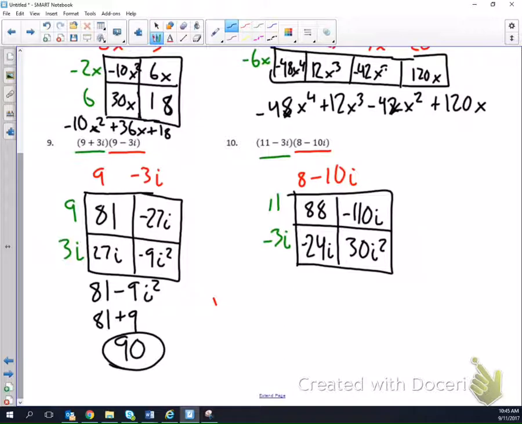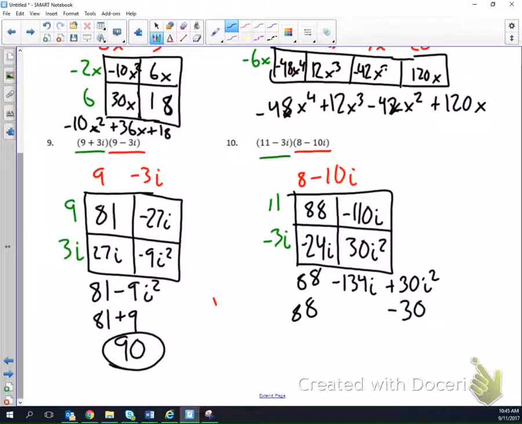All right, so we've got 88, and then the negative 110i and the negative 24i, those will give us a negative 134i. And then our plus 30i squared. We now need to remember that i squared is a negative 1, so that 30 is going to become negative 30.